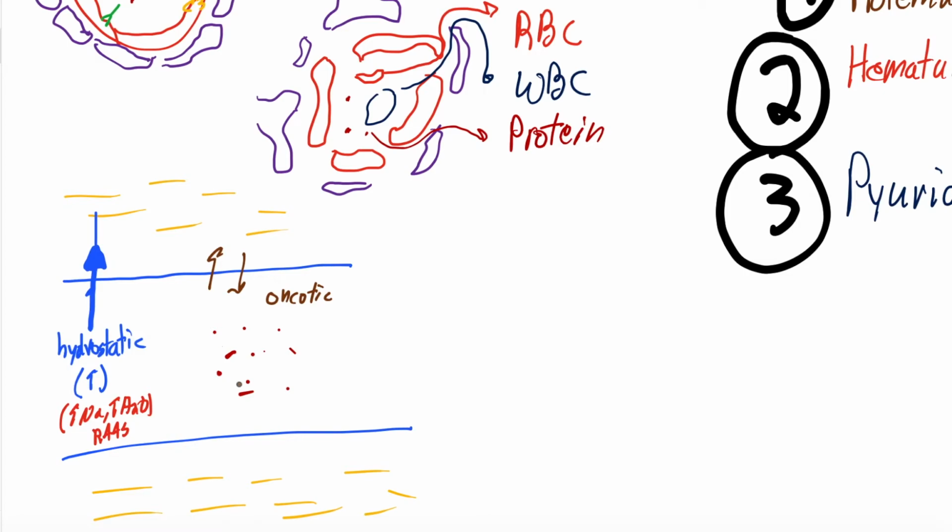And when we lose a bunch of proteins, because we're getting a bunch of proteins being lost in the urine, so it's no longer in the vascular space, this oncotic pressure starts to favor water flowing out of the vascular space into the extravascular space, because water follows the highest density of these proteins.